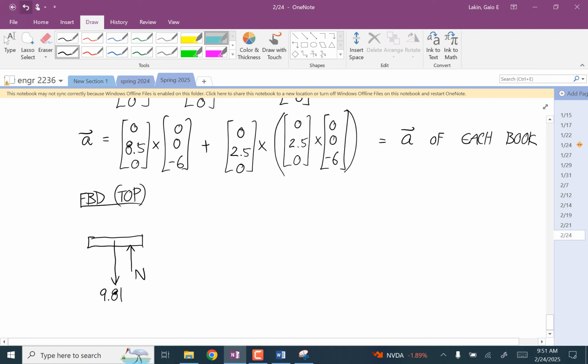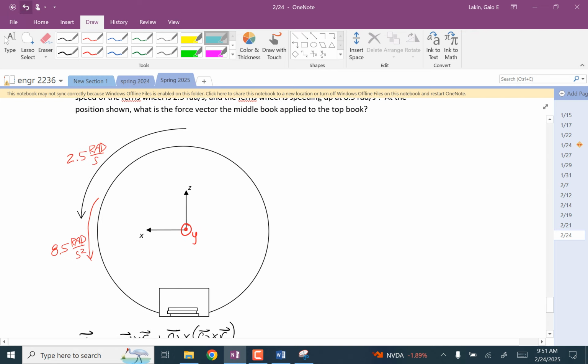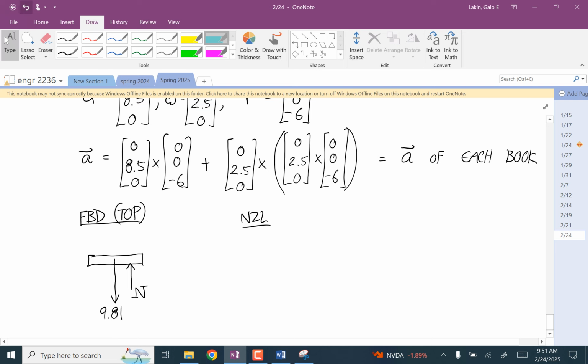You can call that N, but that's the force that the middle book is applying to the top book. And so Newton's second law says, what direction is that? Those are both in Z. So we have 0, 0, negative 9.81 plus 0, 0, N.